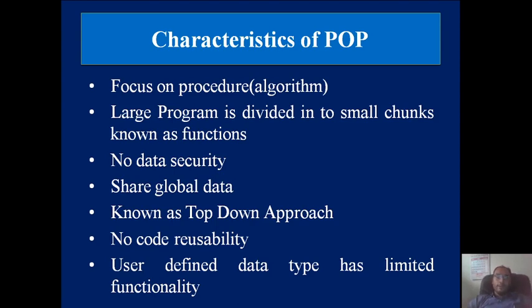Over there, user defined data type has limited functionality. What do you mean by that? In C language, we know that structure is a user defined data type. If we have defined a structure, for example, structure time, and we have created variables time t1 and t2, we cannot directly manipulate them in the way we manipulate our basic data types. For example, we cannot write t1 plus t2 if t1 and t2 are variables of time.